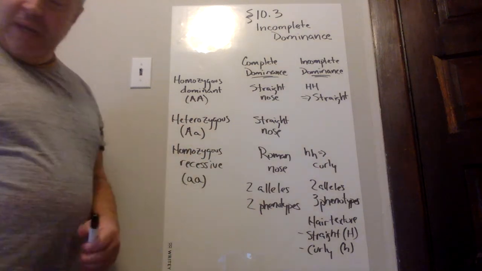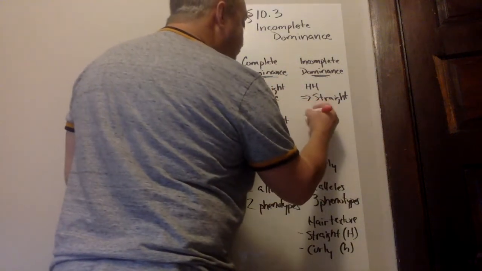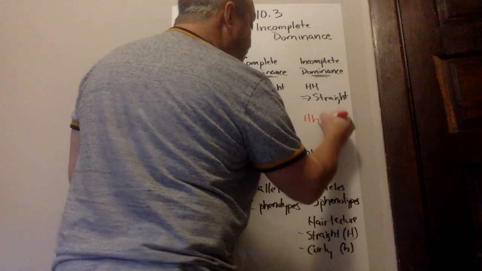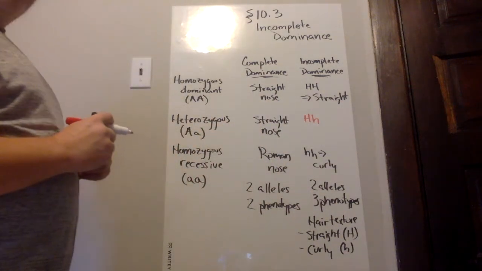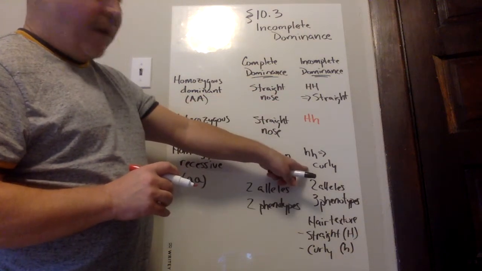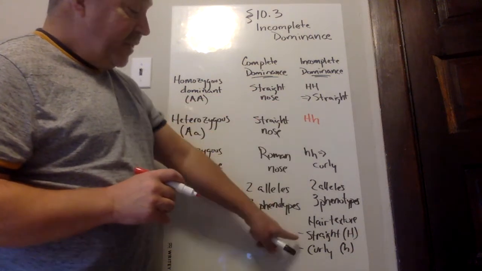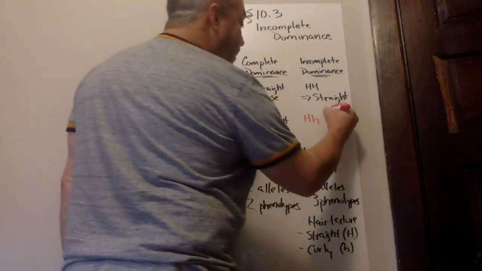The difference for incomplete dominance comes with the heterozygote. A heterozygote for hair structure would have one dominant and one recessive allele. However, they're going to have neither straight nor curly hair. Whatever the heterozygote is not going to be one of the alleles. It's going to be a blend.